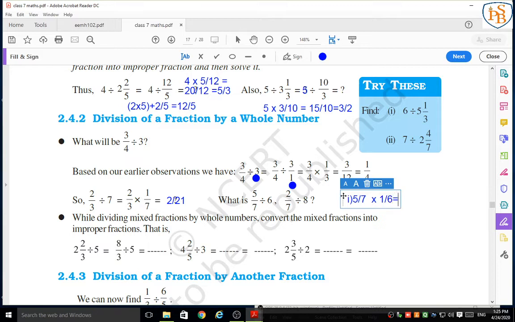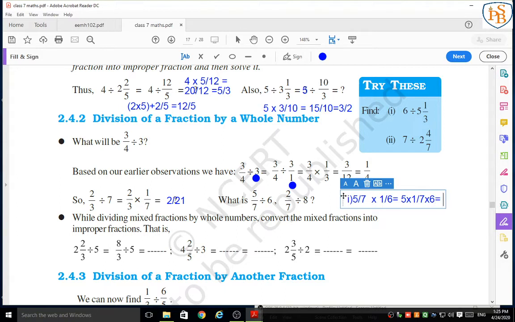So my answer is, we have to do multiplication in the numerator place, that is 5 into 1, upon, we have to do multiplication in the denominator, 7 into 6.